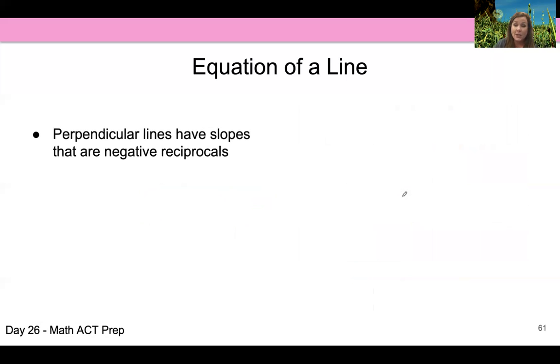Now, perpendicular lines have slopes that are negative reciprocals. It's really interesting. In geometry, the formal language is the product of two slopes of perpendicular lines is equal to -1. Again, I've never done that. I know it. I have it memorized. I've been a teacher. But when I was in school, I never thought, do these two numbers multiplied together equal -1?